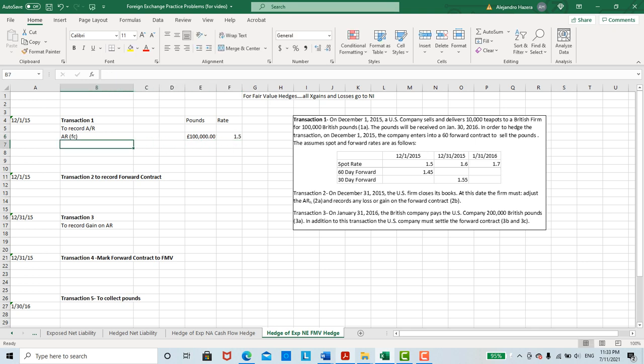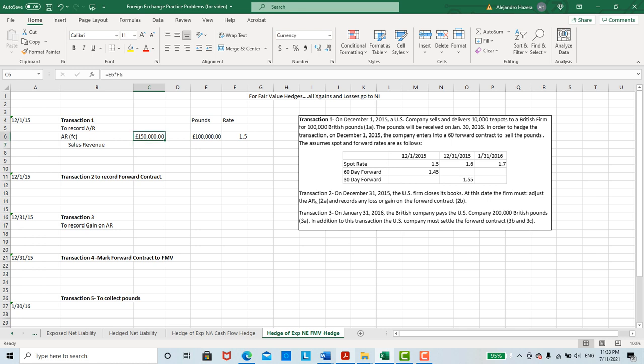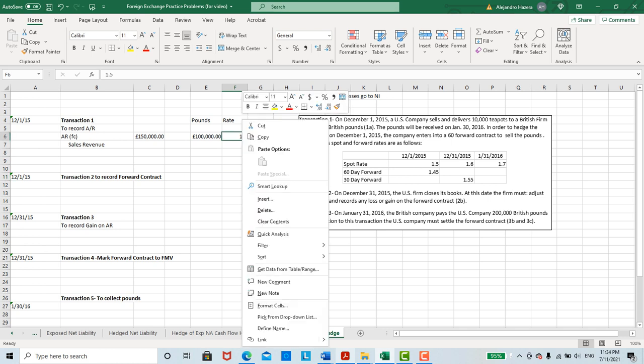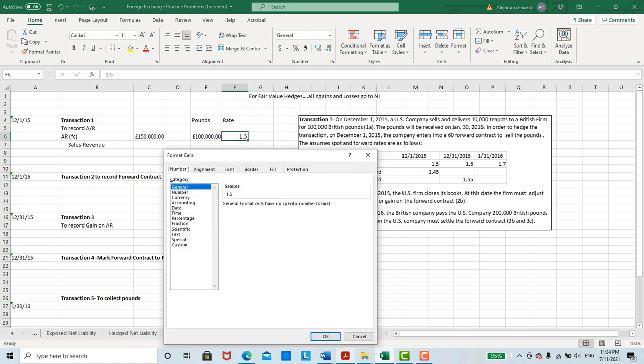And go ahead and credit the same amount. Okay, so it's going to be valued at 100,000 times 1.50. I've got to change that to dollars so that it puts it in dollars.